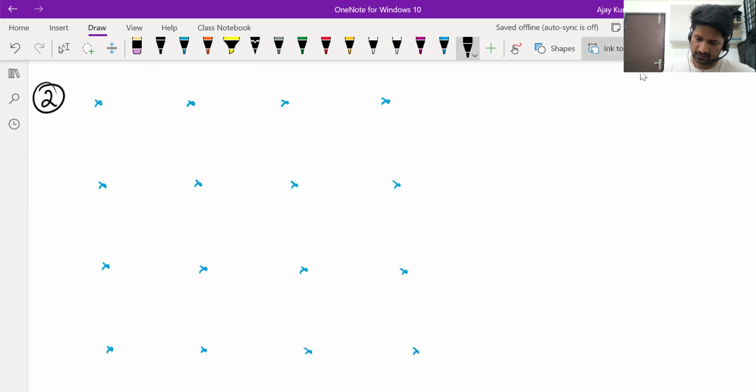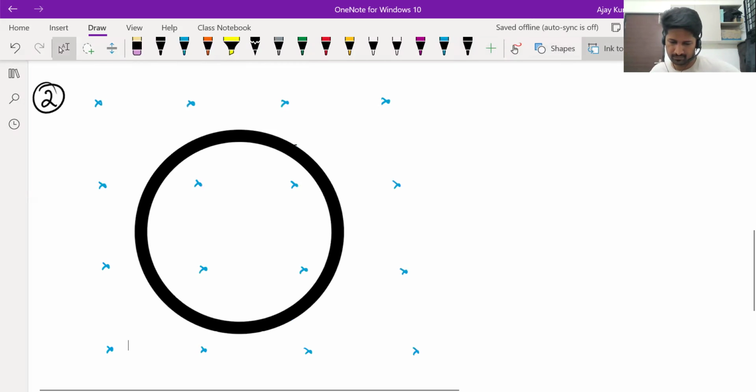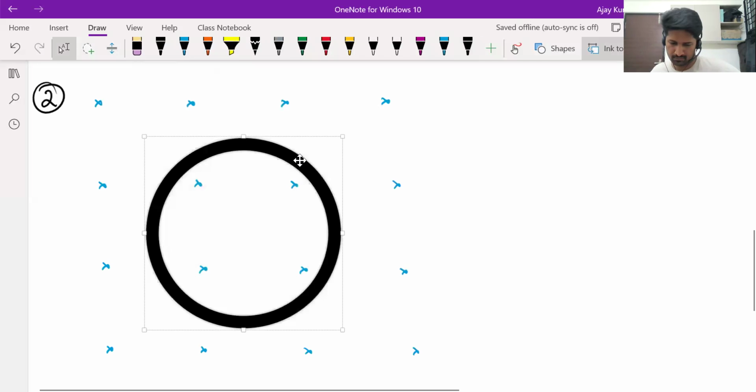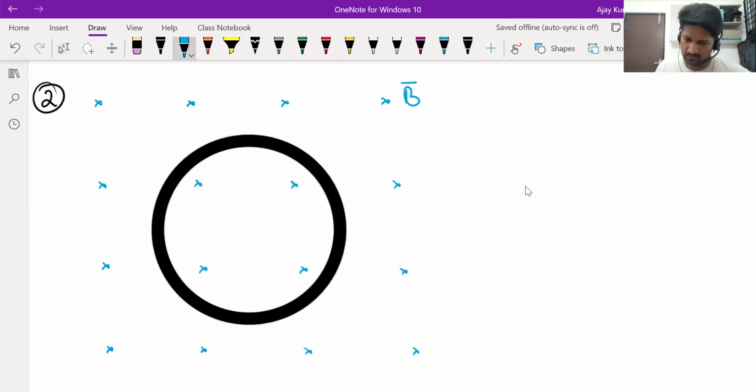And assume there is a conducting ring like this. Magnetic field, take it as B. This conducting ring is moving to the right. It is well inside the magnetic field. It's not going out of it. It is moving to the right with a velocity V. Assume its radius is R.